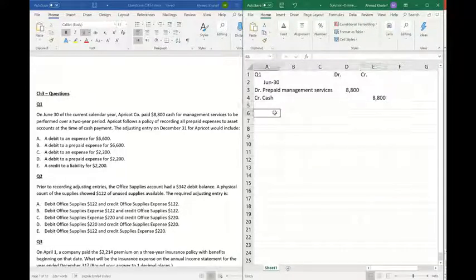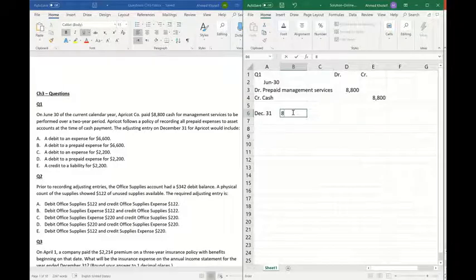What we need is the adjusting entry at the end of the year, and the end of the year is December 31st. This means that it is 6 months, from June 30 to the end of the year, December 31st. So 6 months out of 2 years, which is 24 months.